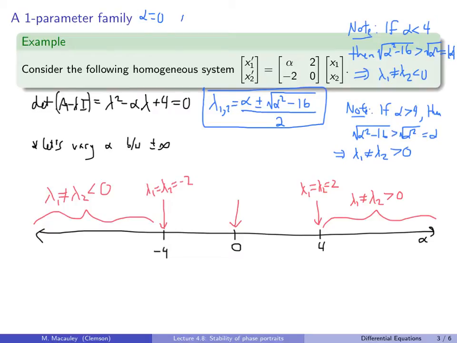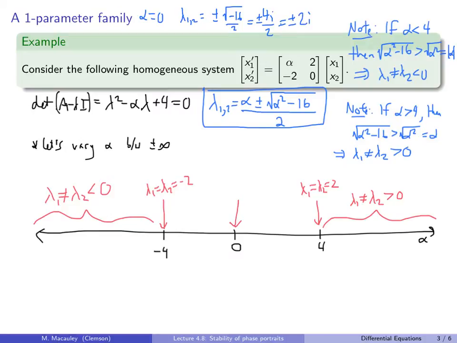then lambda 1, lambda 2 is 0 plus or minus the square root of negative 16, over 2. So that is plus or minus 4i over 2, which is plus or minus 2i.